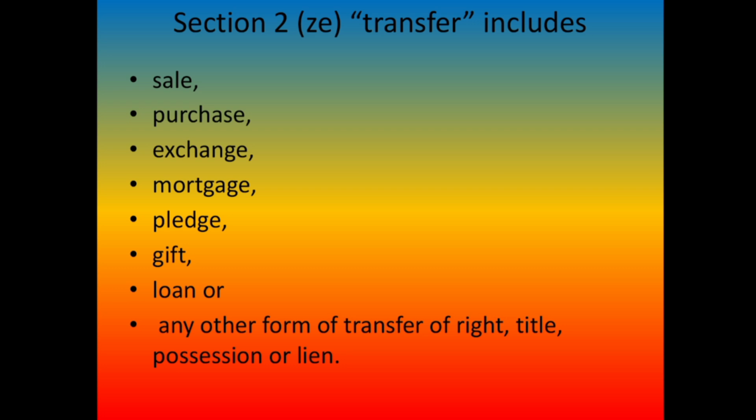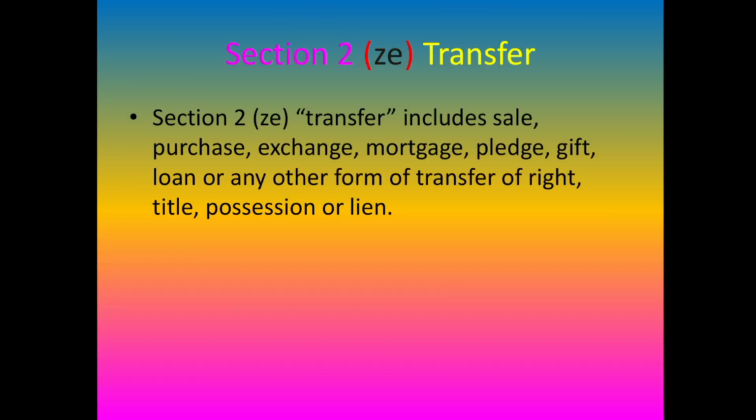Another is that transfer includes gift. Gift involves an endowment, a transfer that takes place voluntarily by one person to another without compensation. Gift does not involve compensation; it is a power of giving.